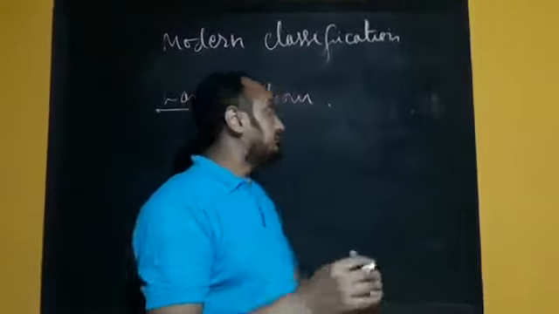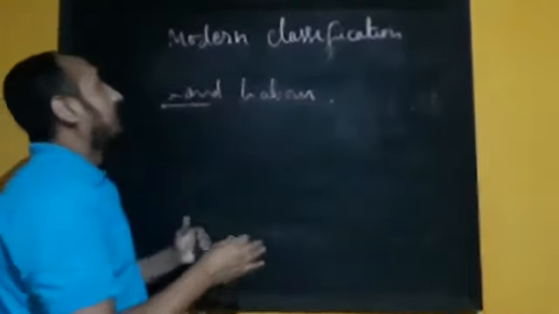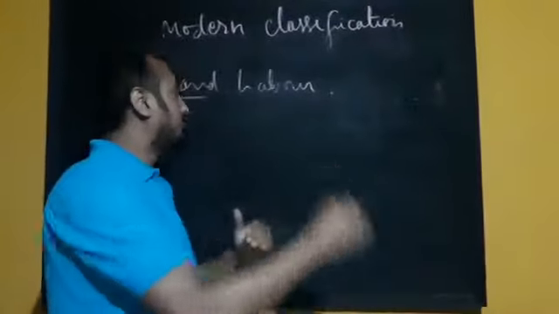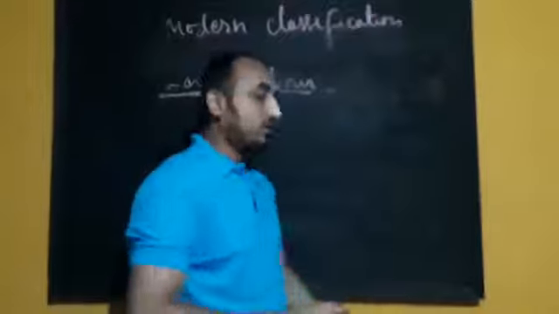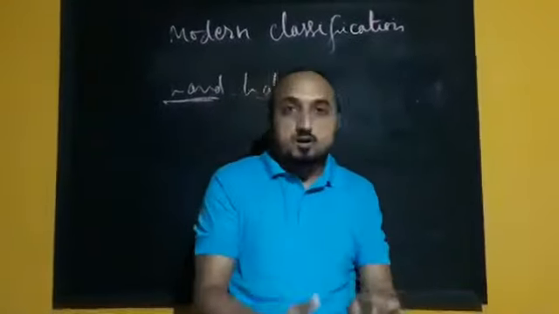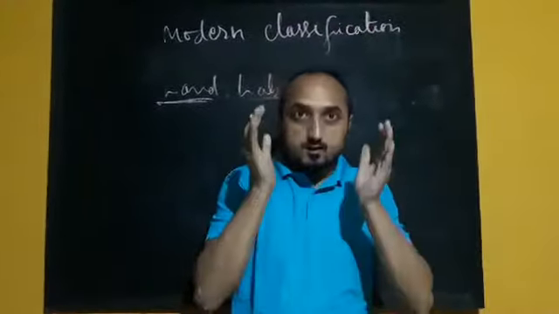So here the major factors of production according to modern classification are land and labor. Capital and organization or entrepreneur are not considered true factors of production.